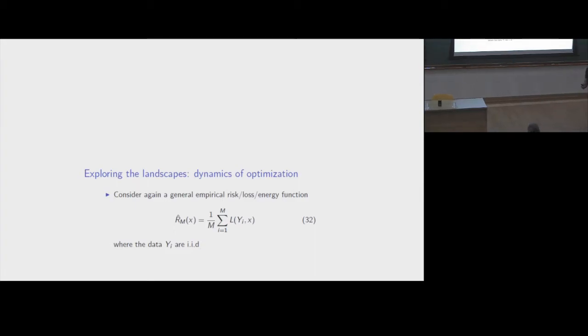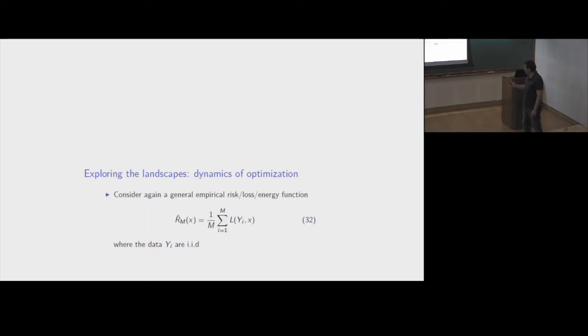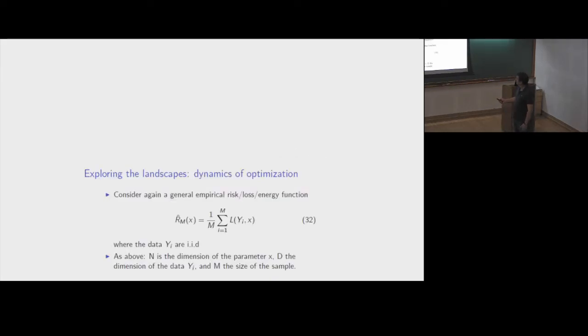So now, back to the initial problem, we have this empirical risk, loss, energy function, whatever, which was written like this. And the data are IID, unstructured. As above, n is the dimension of the parameter x, which initially I called theta, so that was my sphere, d the dimension of the data, and m the size of the sample.